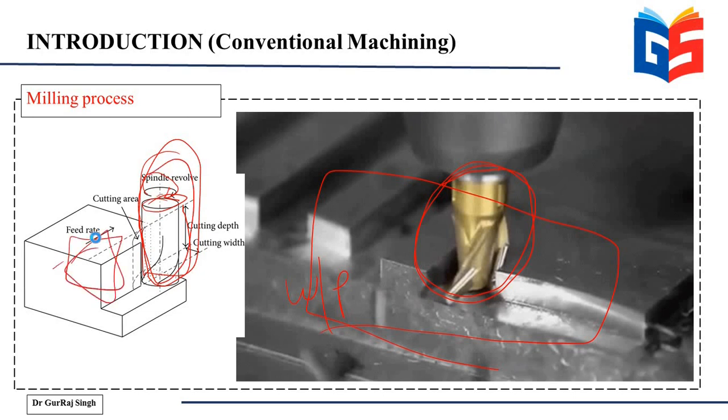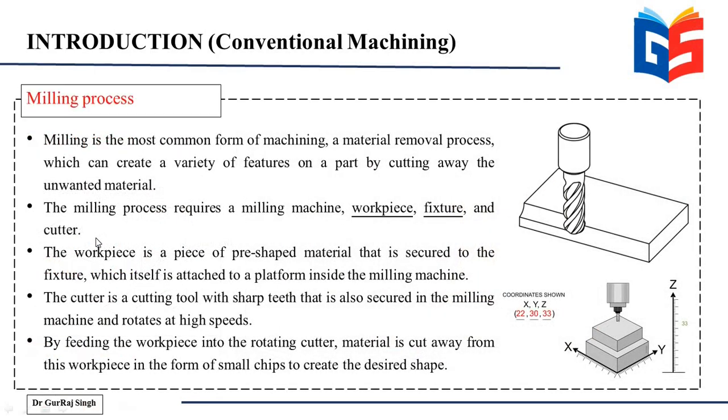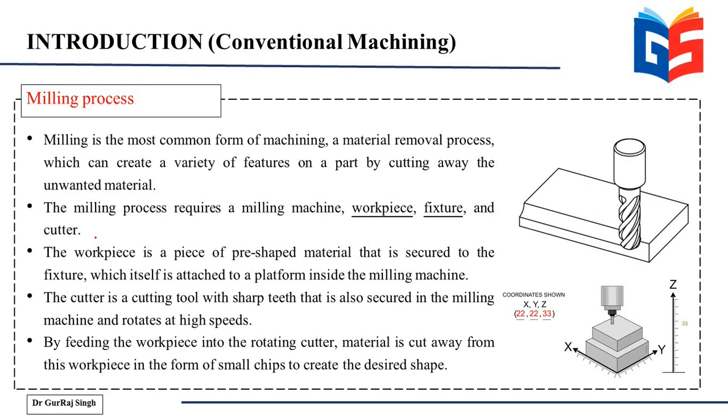So this is the basic difference between a turning and a milling process. So milling is the most common form of machining that creates a variety of features by cutting away the unwanted material. And as in turning, the milling process also requires a milling machine, a workpiece, a fixture, and a cutter.